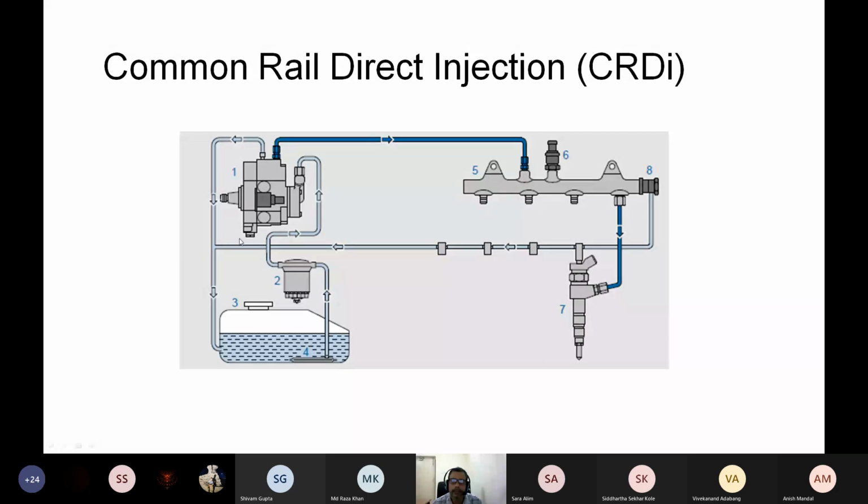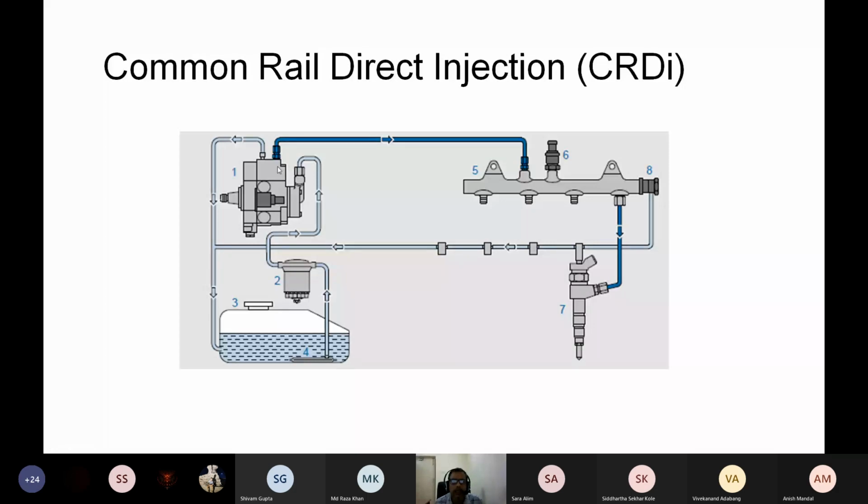In the first generation, the fuel pump always works at the higher, or maximum, pressure. Let us suppose this fuel pump has the capability to pressurize the fuel at 1500 bar.